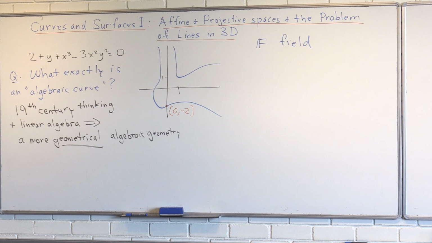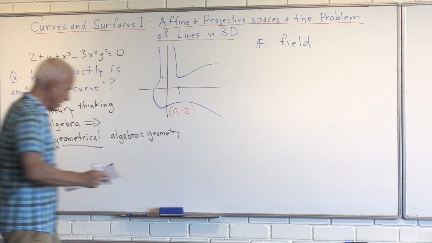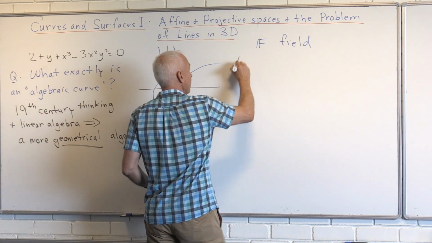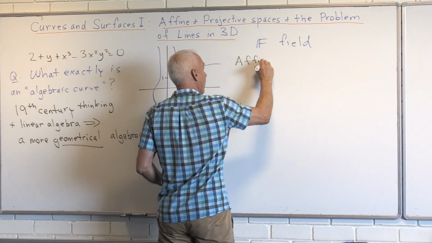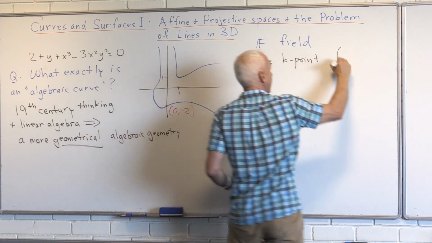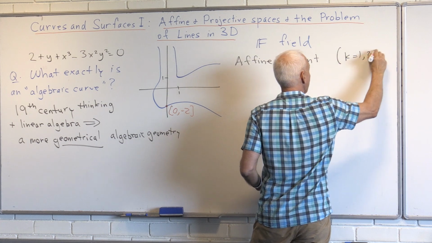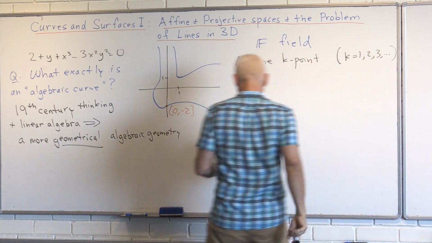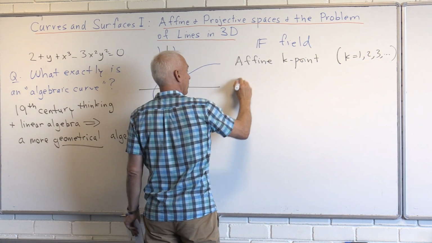Okay, so to start, let's start with an affine situation. So an affine K point, and K will be 1, 2, 3, etc. What is that? It's a point of the following form.